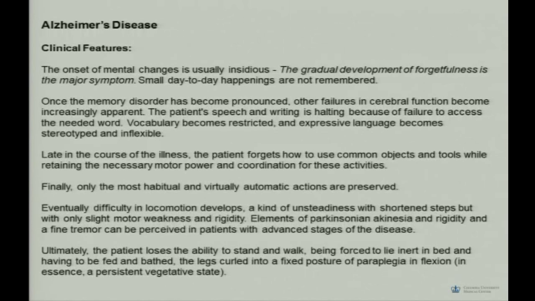The part of the brain that is first affected is called the hippocampus, which is the part of the brain essential for memory. And so a loss of recent memory, working memory and recent memory, is usually some of the first signs of Alzheimer's disease.